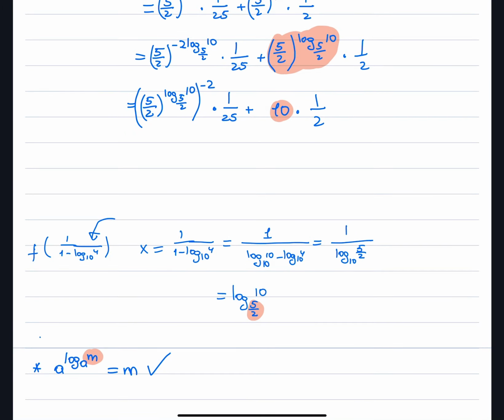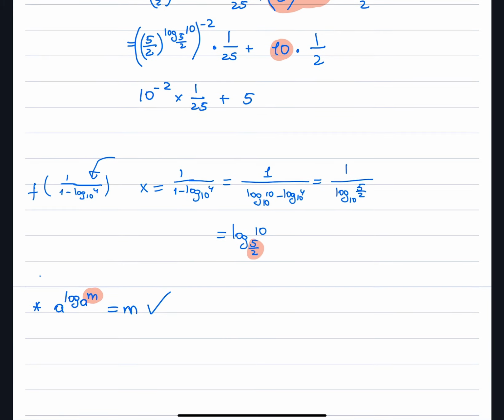So that means this is also going to be 10, but don't forget the power over here. It will be 10 to the power of negative 2 multiplied by 1 over 25 plus the second part will be 5. So all we got here is just the numbers, and we need a calculation here simply.